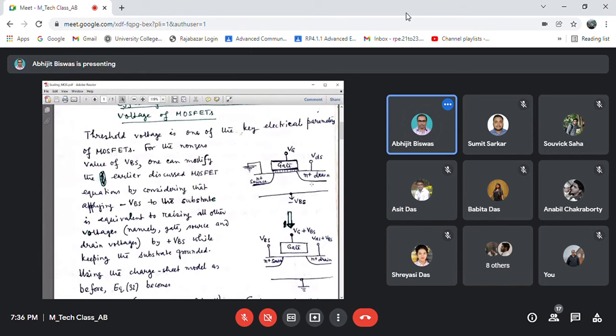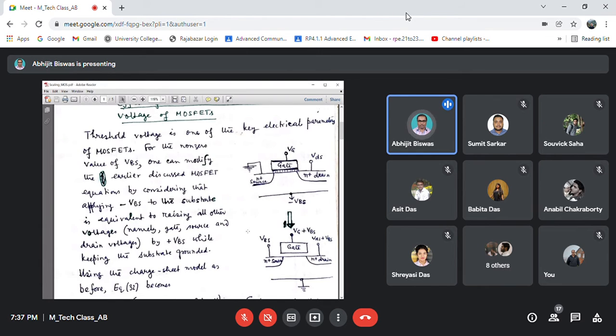Source is grounded. The channel is p-type silicon. N plus source and drain mean heavily doped with donor impurities. VG is the gate bias, VDS is the drain bias, and VBS is the substrate bias.